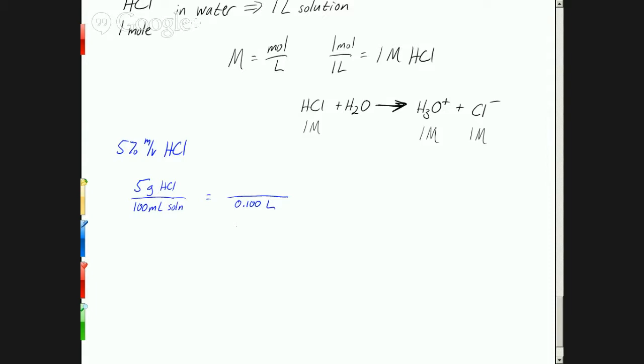And what do we need on top if we want molarity? Moles. Right. So we got to figure out how many moles of HCl 5 grams is. So we have to do a conversion using the molar mass.